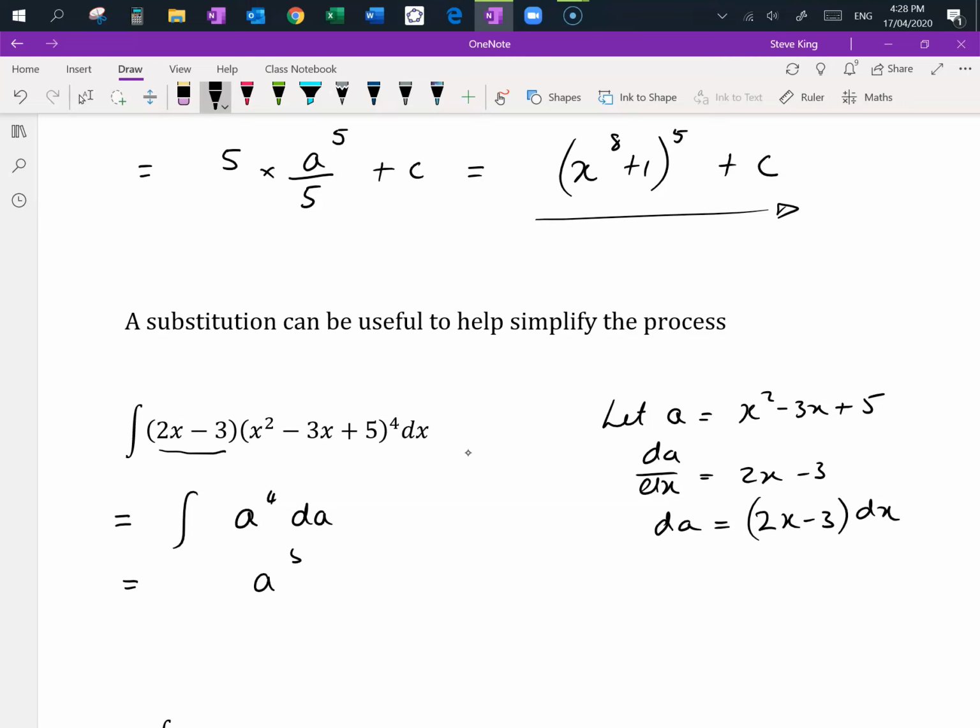I'm going to get a to the power 5 divided by 5, and then add c onto it. And so I'm going to end up now with an integral that's going to be x squared minus 3x plus 5 raised to the power 5 divided by 5 with c added to the end of it.